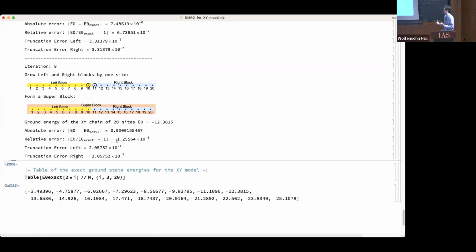When you choose n equals 6 and the total Hilbert space of 8, you are almost in the gap here, but still the relative error is small.